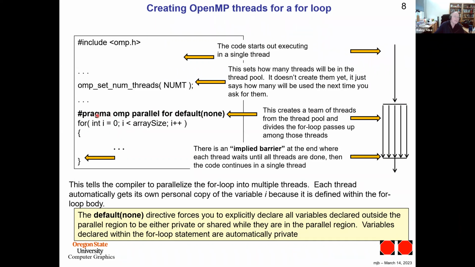Well, what this hint causes to happen, oh, and up here you've set the number of threads you want to use. So let's say this is 4. Numt is 4. Well, what we've done is we have set this up so that it will break your for loop up into 4 pieces.